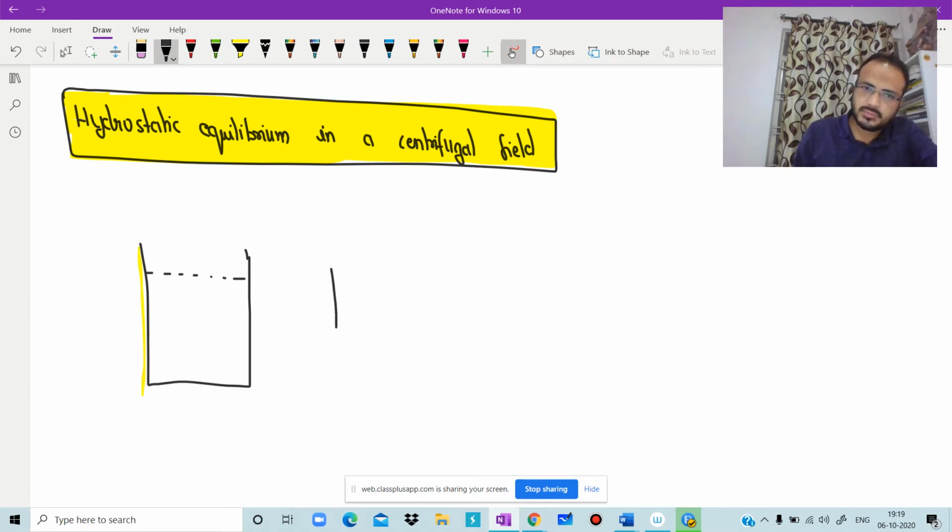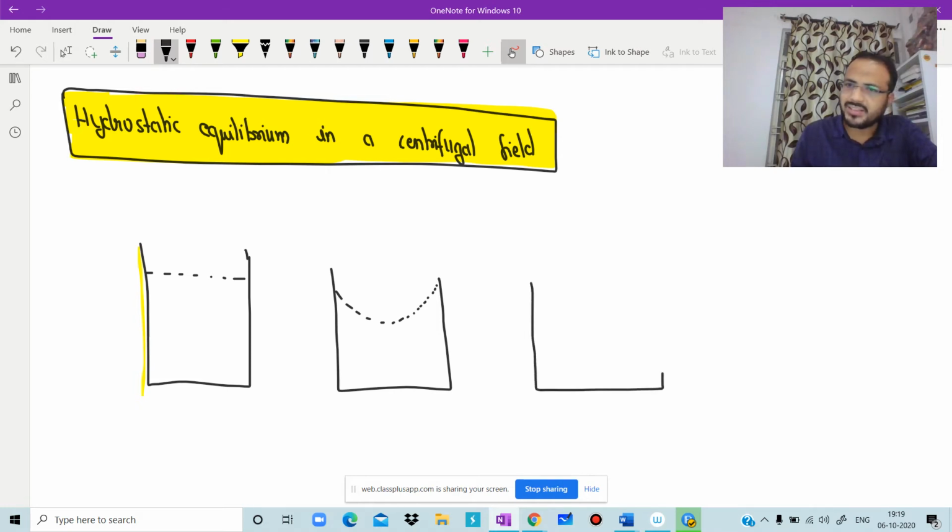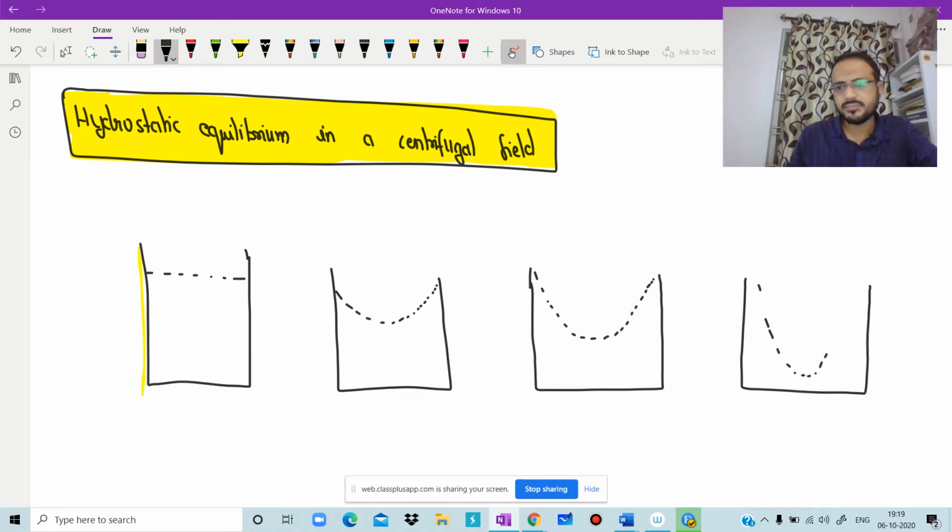Now you need to stir this very slowly. Then you will get such type. If you are going to increase the speed, then after some time you will get like this. Again, you are going to increase the speed. Then you will get like this.